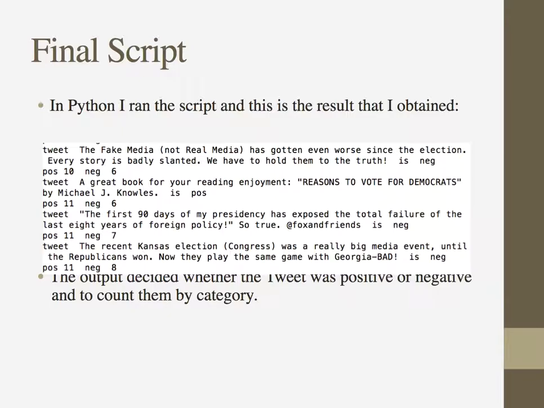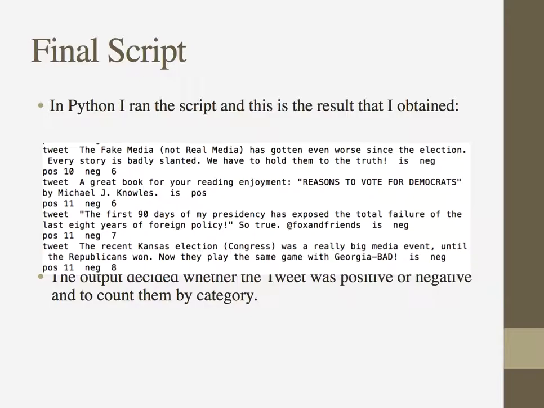So let's say, for example, the last one: "The recent Kansas election Congress was a really big media event until the Republicans won. Now they play the same game with Georgia, bad." Of course, he's using the word bad, so it's negative. And since the last one was negative too, we have a count of positive 11, negative 8.